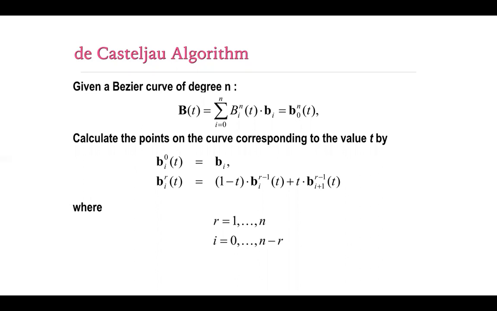But if you want to implement the Bernstein polynomial as well as the factorial function, it would be very difficult in Java or even C programming. So in order to make it easier to implement, because we are familiar with languages like Java and C-based languages, the Casteljau algorithm will be used instead.